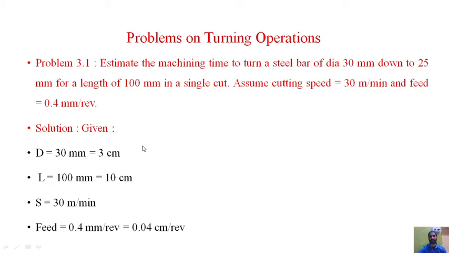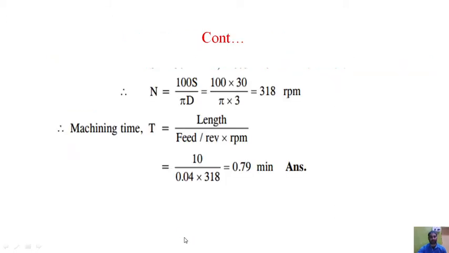You have to take all the dimensions in centimeter. S, the cutting speed, is 30 meter per minute. Feed is 0.4 millimeter per revolution, which divided by 10 gives 0.04 centimeter per revolution.